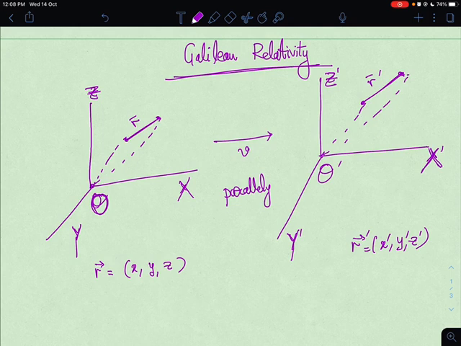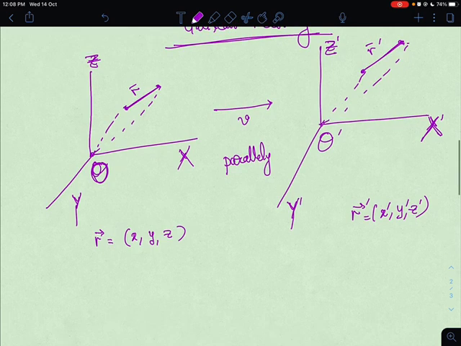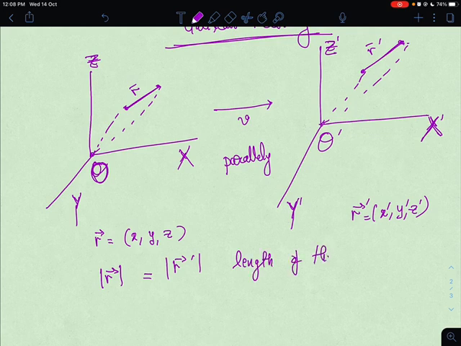Now the consequences of Galilean relativity are, one, as long as they are parallel, the length of the vector remains constant. Say, for example, mod r is equal to mod r prime. The length of the vector remains constant under Galilean transformations.